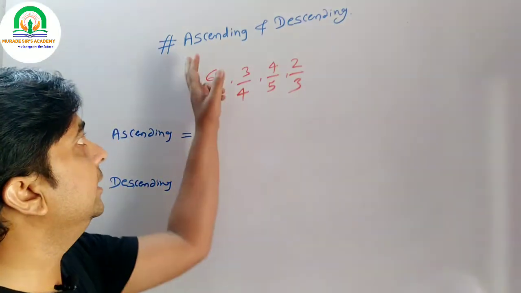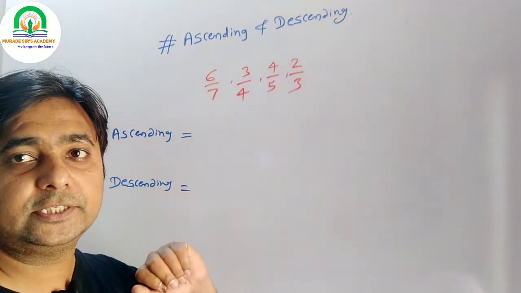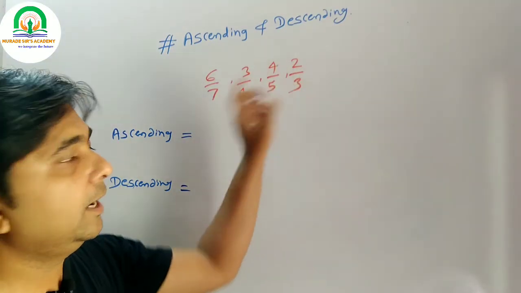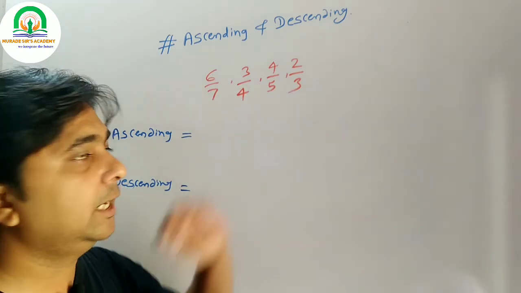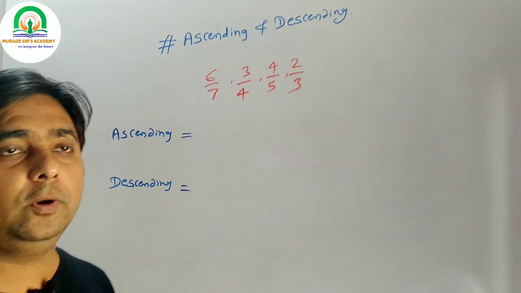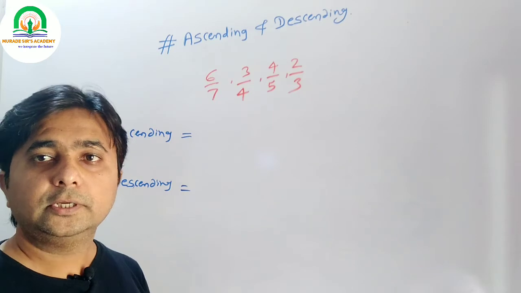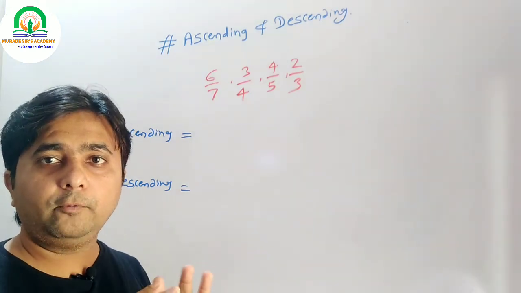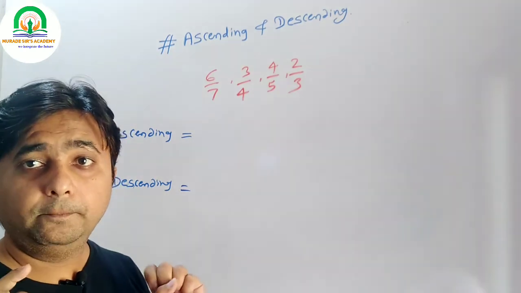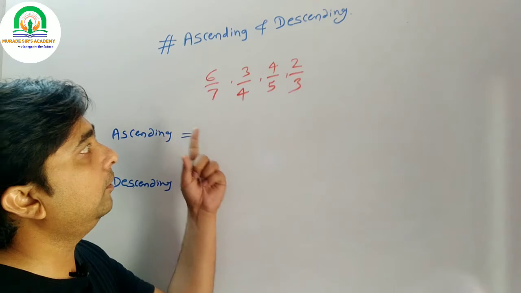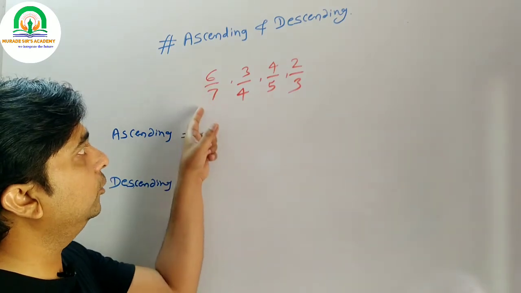Next type of ascending and descending of fractions: numerators are different and denominators are different. If they give this type of sequence, where the numerator and denominator values are totally different, observe the relation between denominator and numerator.